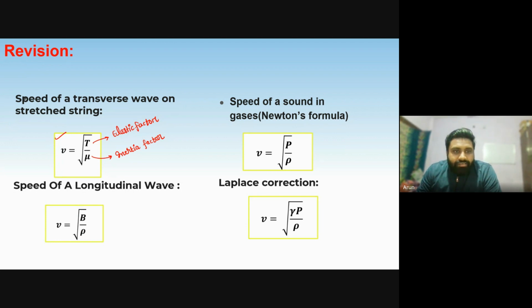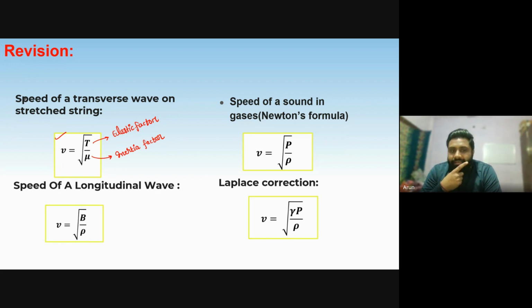So if we follow the elastic factor, it depends on the bulk modulus of the medium, on how much it can compress and decompress. That is why the bulk modulus here is the elastic property of the medium in which the wave is traveling.